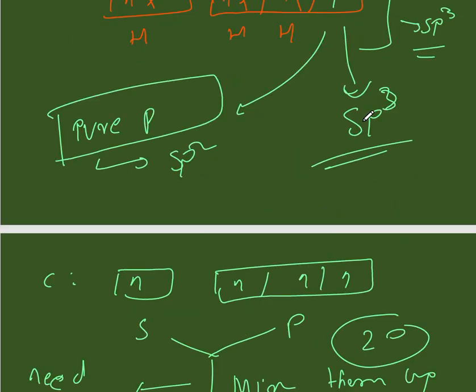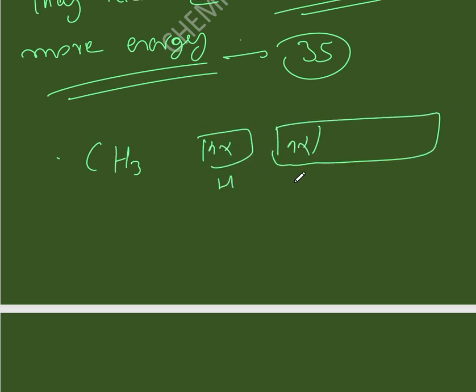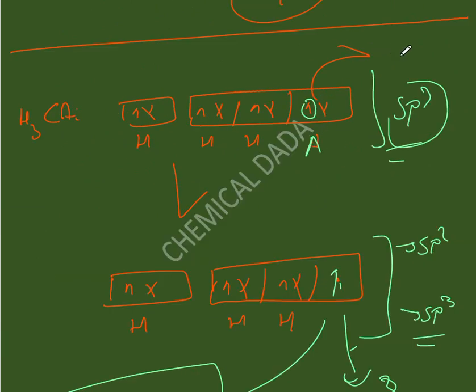Now moving on to CH3 dot, this species, this electron is there. Now, this electron initially was used in bond formation.